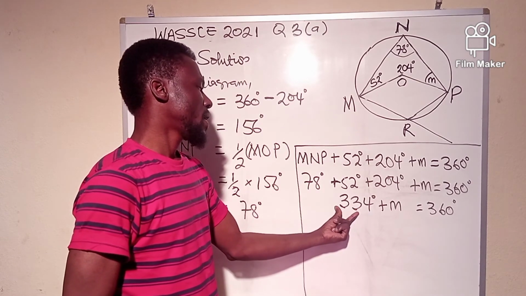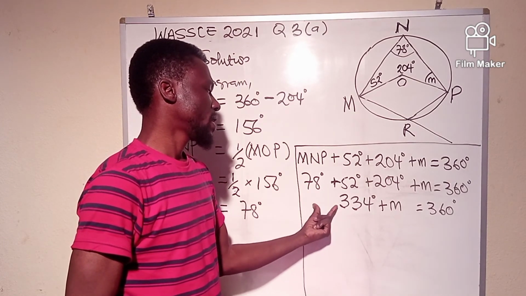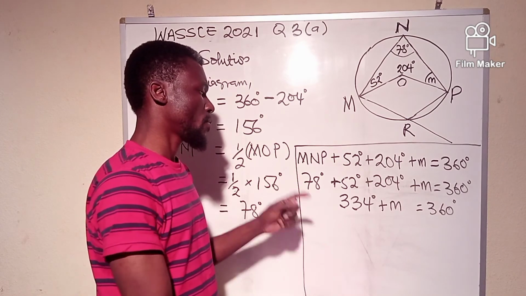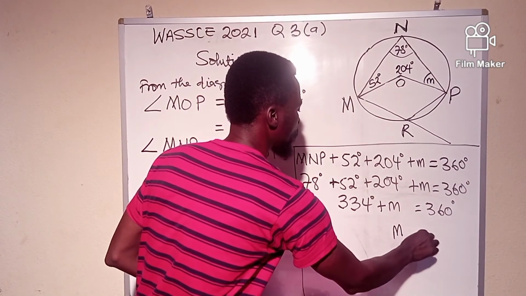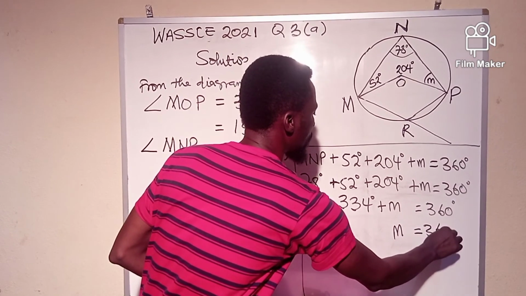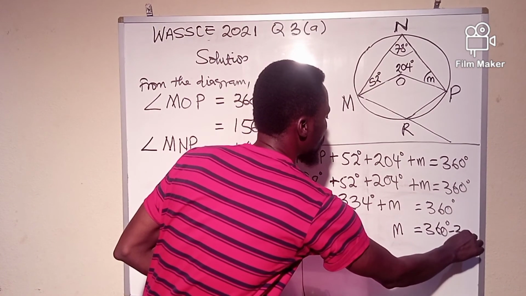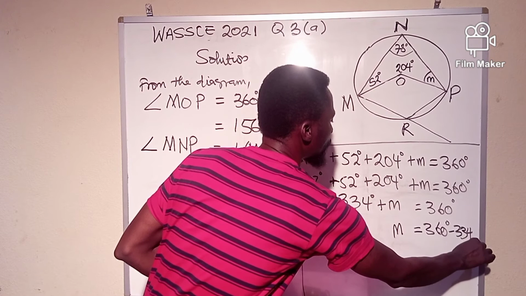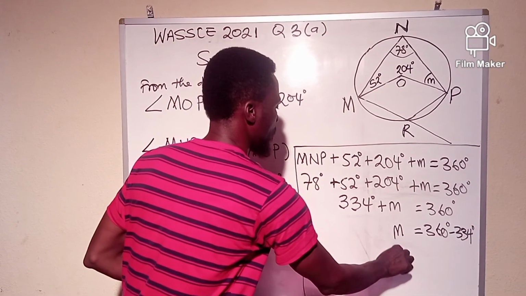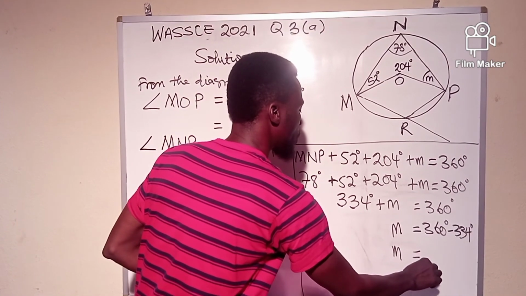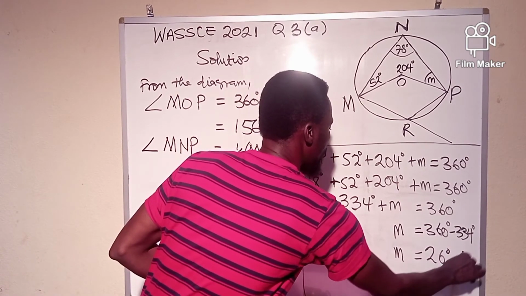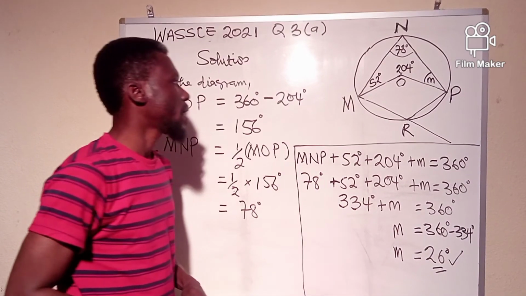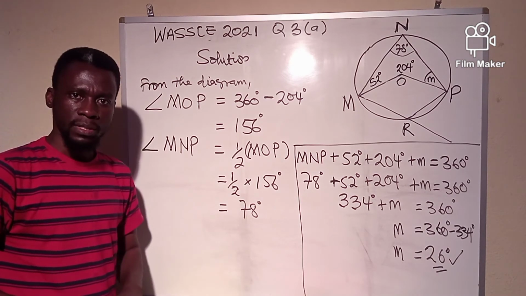Let's subtract 334 from both sides of the equation. So we shall have M equal to 360 degrees minus 334 degrees. And so M is equal to 26 degrees, and that is the answer to this question.